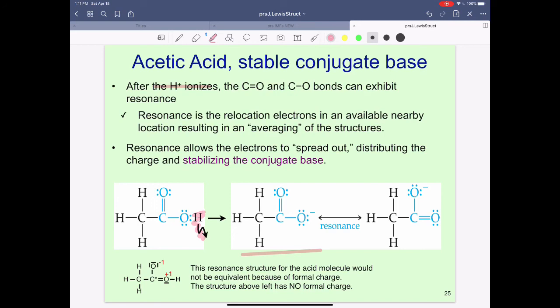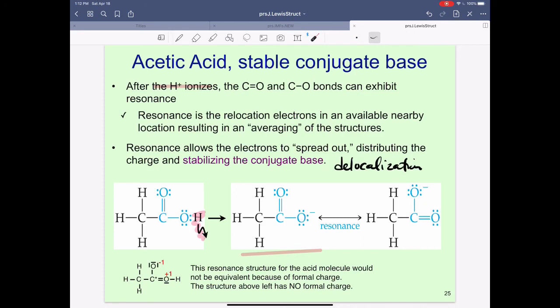What we notice is the double bond in the oxygen could resonate and end up here instead of here. And that resonance actually helps to stabilize the conjugate base by virtue of allowing the electrons to spread out. We call this delocalization of electrons.